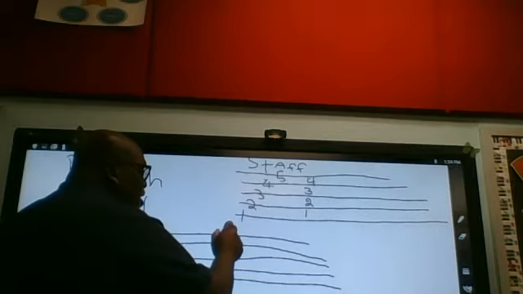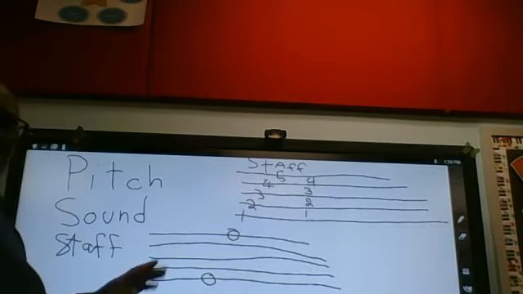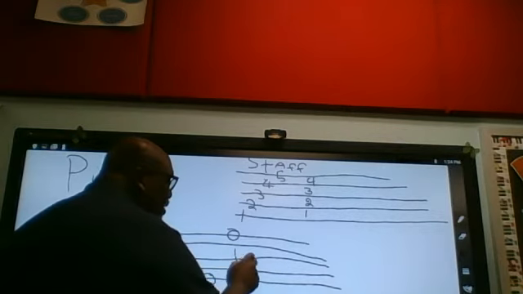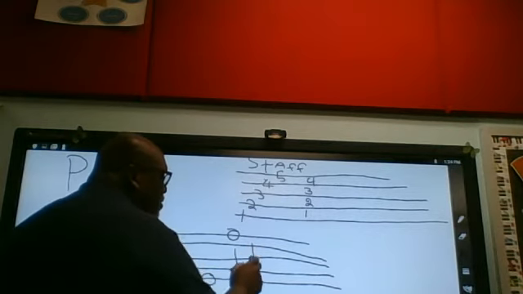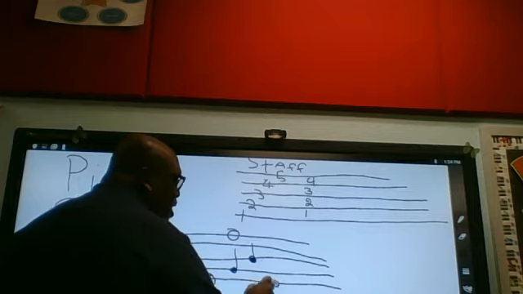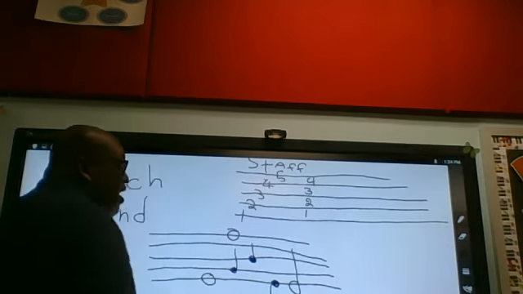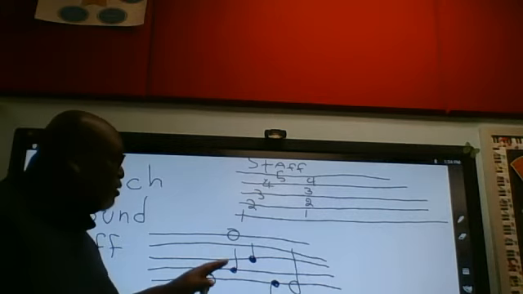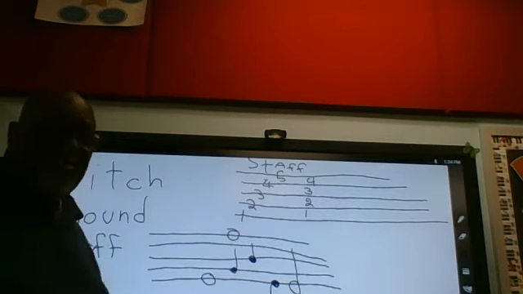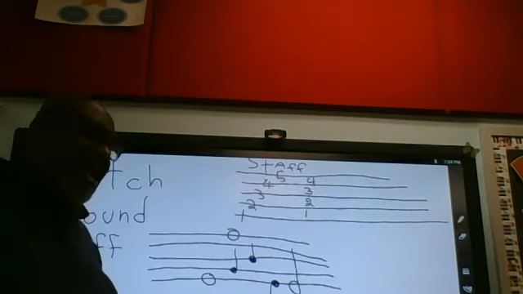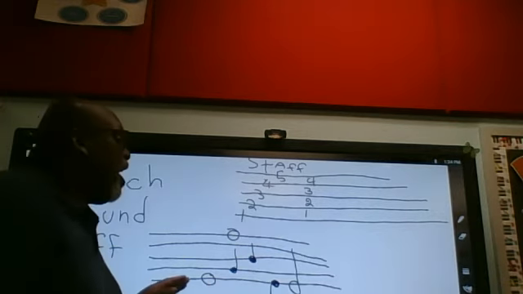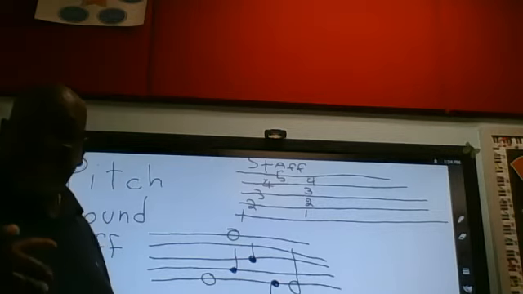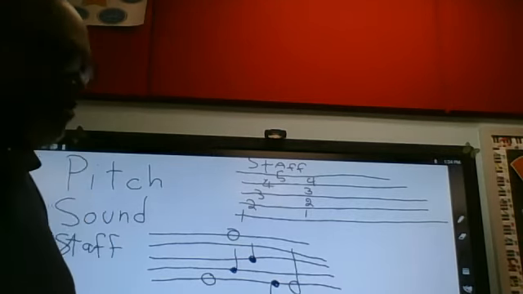When you put a note up here, that note's going to be high. And it doesn't matter what the rhythm is. It doesn't matter how long you hold the note, but it's absolutely the location of the note on this graph, which we call a staff, which tells us how high or how low a pitch is on the staff. You with me? All right, very good.